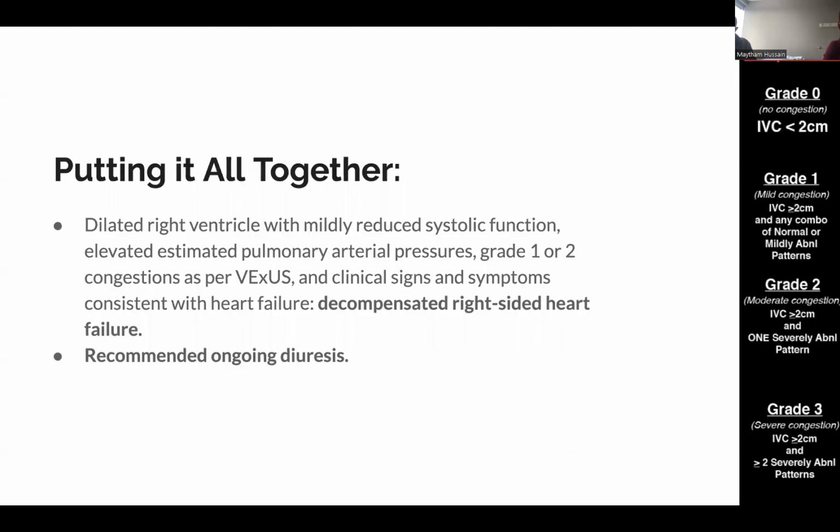So putting it all together for his case, from our POCUS, we identified that he has a dilated right ventricle with mildly reduced systolic function, elevated estimated pulmonary arterial pressures.